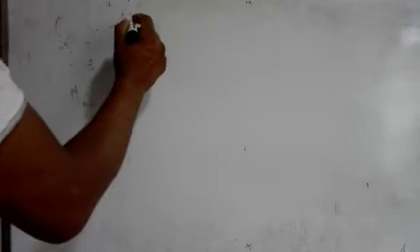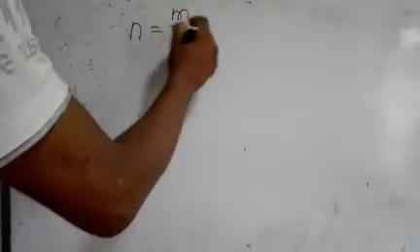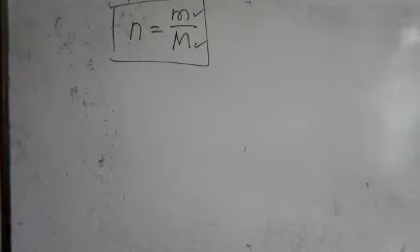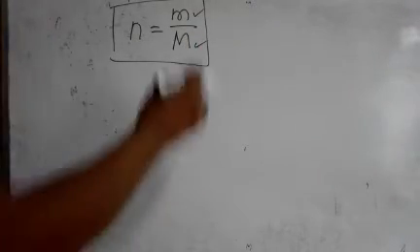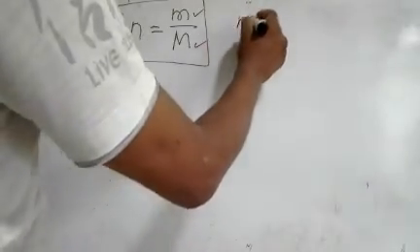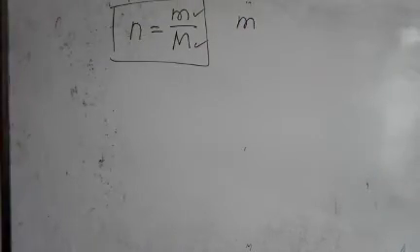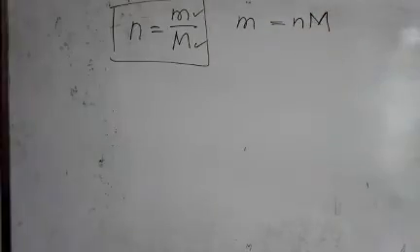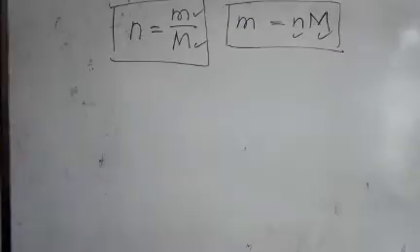The formula can be changed, interchanged, and used. Now here, if we know the mass and molar mass, we can find the number of moles. If transposed, mass equals number of moles into molar mass. So if we know the number of moles and molar mass, we can find the mass.